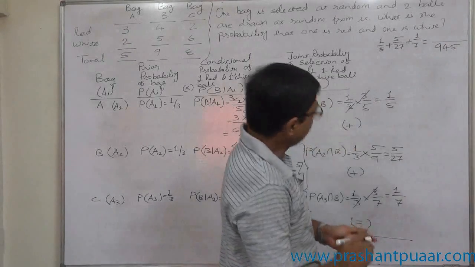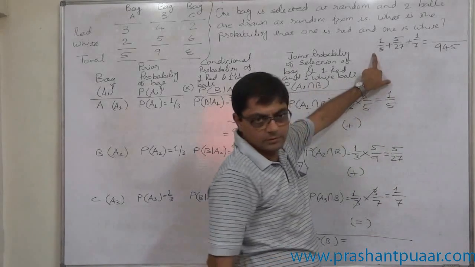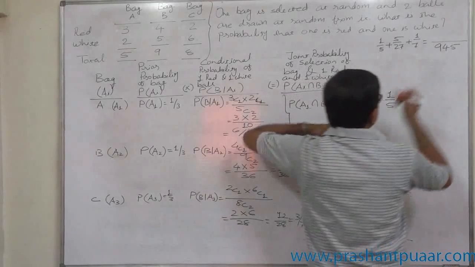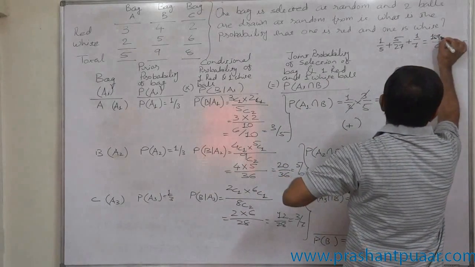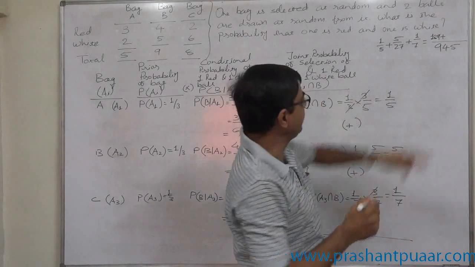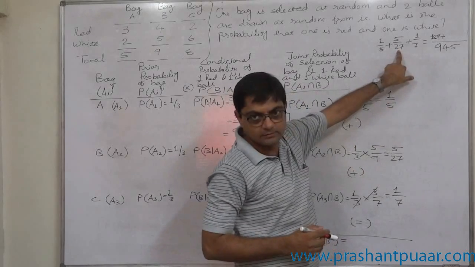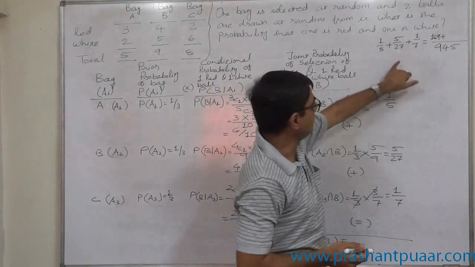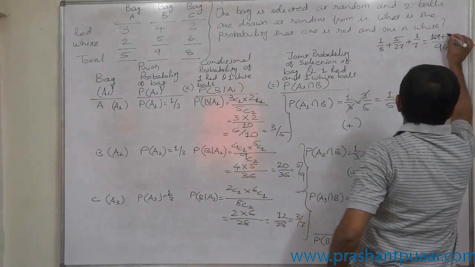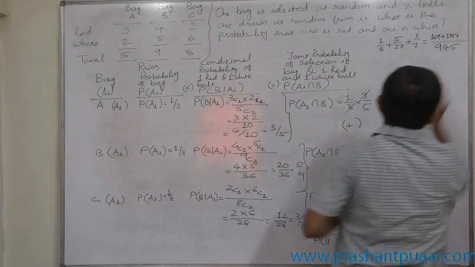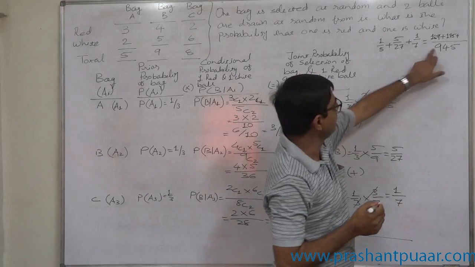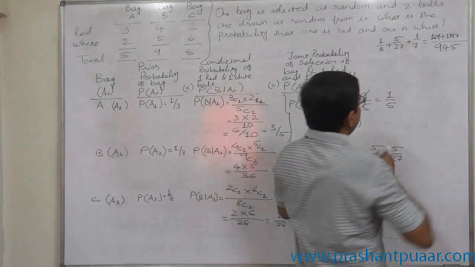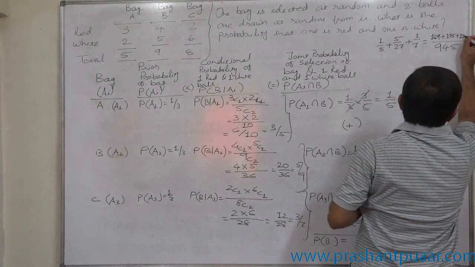Yes, 945 divided by 5. What is the answer? 189. 189 into 1 comes to 189. Plus 945 divided by 27, it is 35. 35 into 5 comes to 175. Plus 945 divided by 7 comes to 135. 135 into 1, 135.